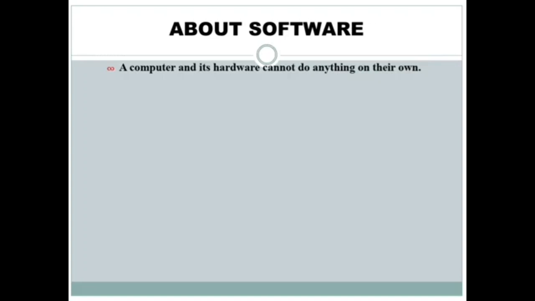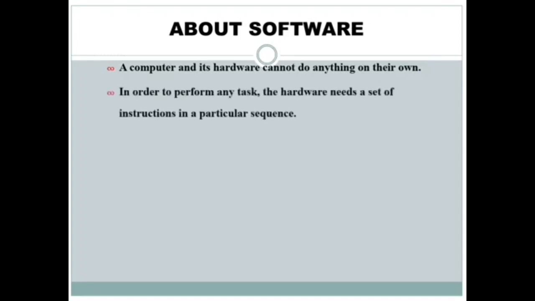So some instructions are fed into the system. In order to perform any task, the hardware needs a set of instructions in a particular sequence. Any work they want to do needs a set of instructions.